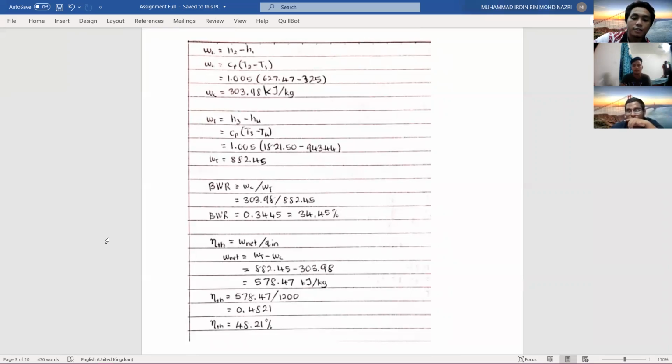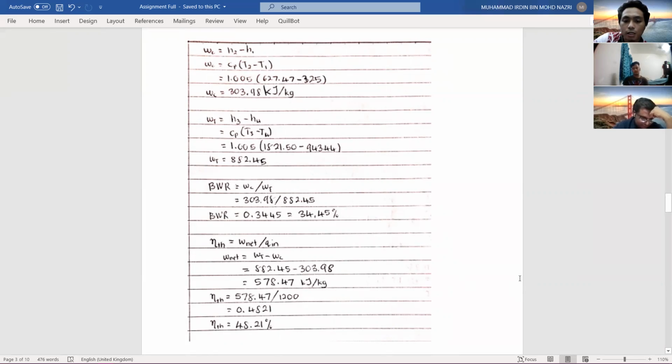And then we have the thermal efficiency equal to work net divided by Q in, and work net is just equal to work turbine minus work compressor, which is 578.47 kilojoule per kilogram. Then 578.47 divided by Q in 1200, we have 48.21%. So that means this cycle is 48.21% efficient.